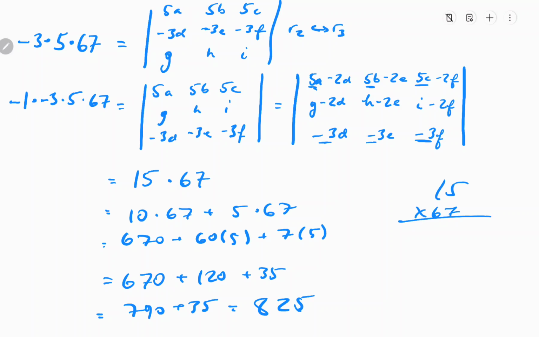So basically the take home is that multiplying a row by a number makes you have to multiply the determinant by the number, and then for each row switch you have to switch the sign. In this example we switched rows once.